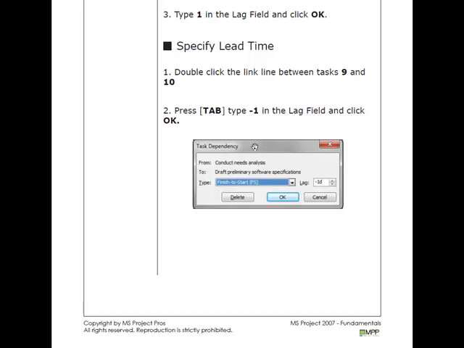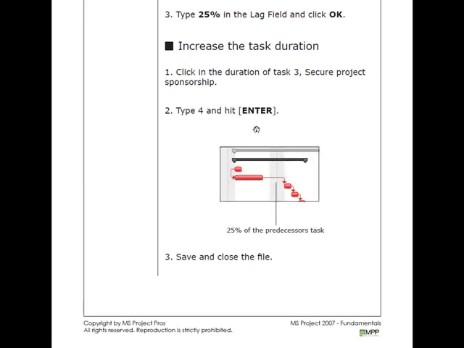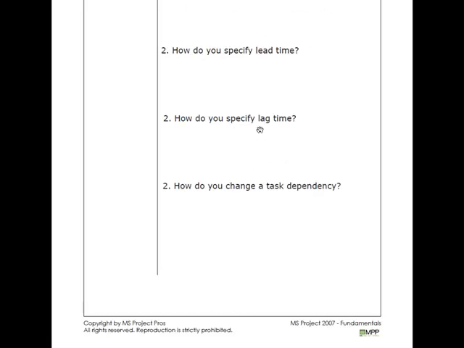So we'll first specify lag time, and then we'll move into specifying lead time, and we'll also specify lag as a percentage, which is an important concept to understand as you work through it, because the duration itself could easily change, and you want to have that lag properly represented, or lead time. And then we'll move on to our recap quiz.